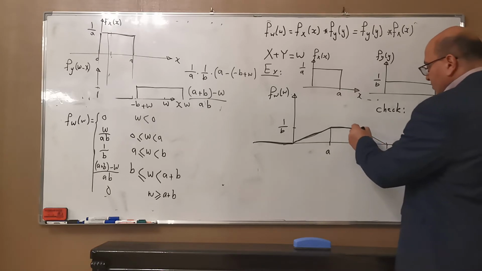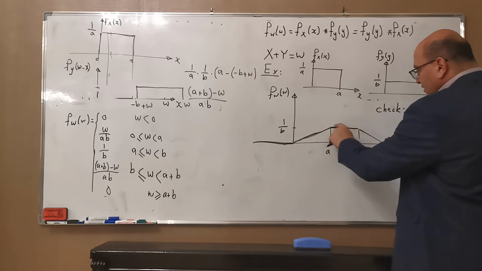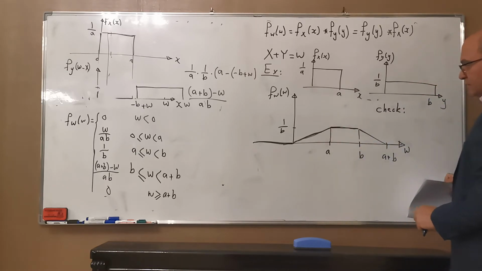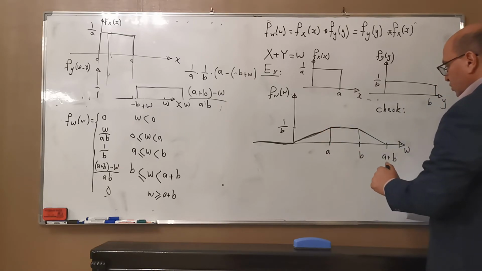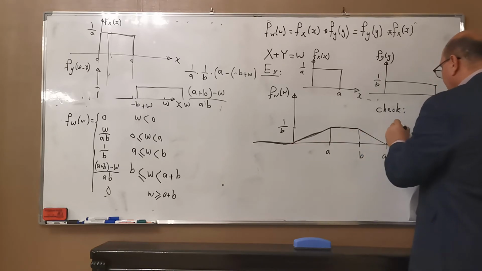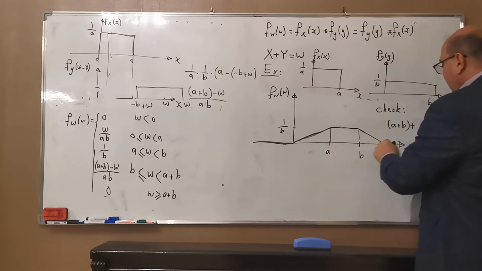Or you can find it as the area of a trapezoid. It's this base plus this length here added together divided by 2 times the amplitude. So we can say that, okay, the whole thing is a plus b plus here is b minus a.